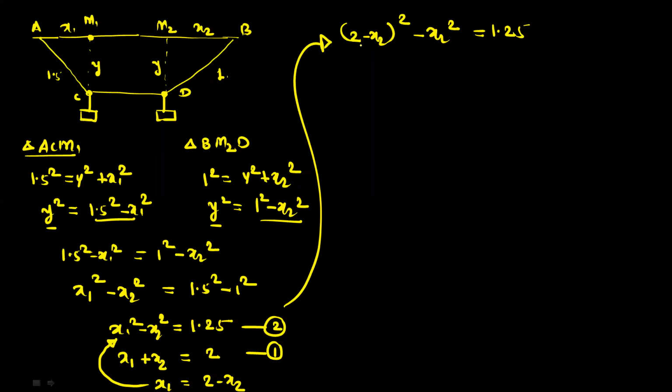You can expand this: it will be 4 minus 4x2 plus x2 square minus x2 square, which is equal to 1.25.